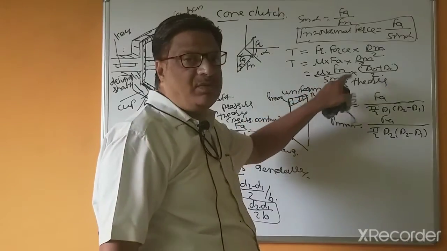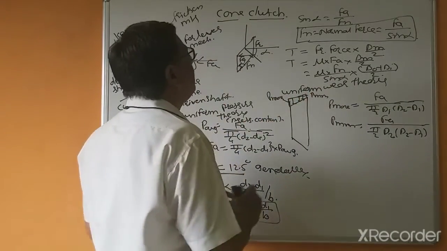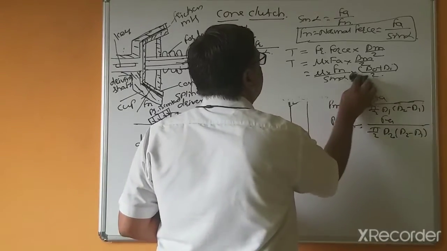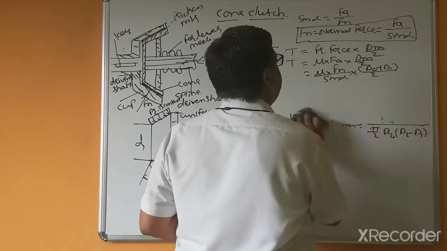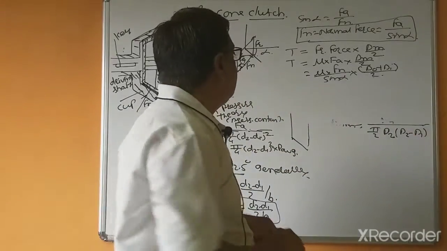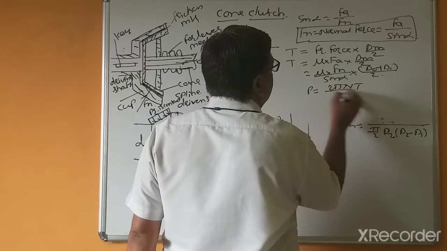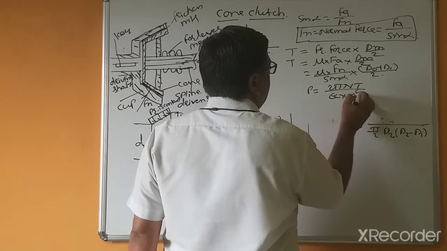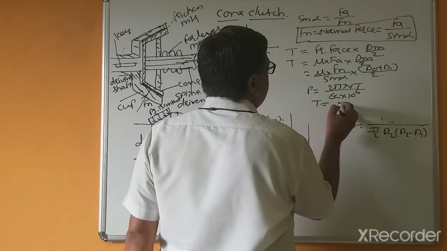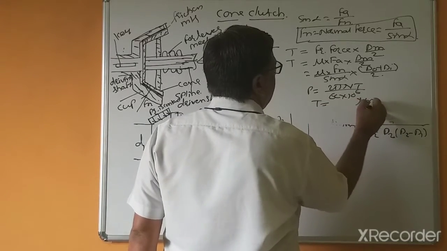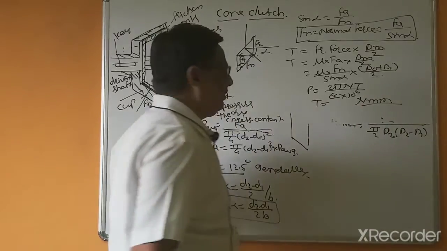By using this formula you can calculate the torque to be transmitted, and again use the relation P equals 2 pi N T divided by 60 into 10 to the power 6. So you can calculate the torque in Newton mm.